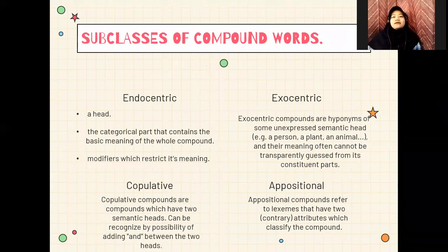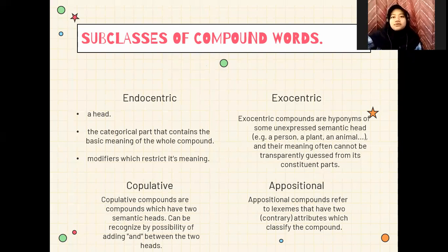Next slide. Subclasses of compound words. Number one is endocentric. A compound consists of a head, categorically containing the basic meaning of the whole compound, and a modifier which restricts its meaning. For example, dog house, where house is the head and dog is the modifier, is understood as a house intended for dogs. Endocentric compounds tend to have the same part of speech or word class as their head, as in the case of dog house.